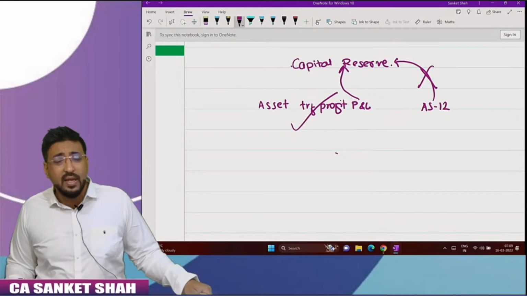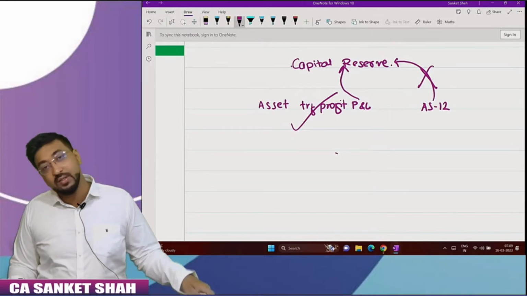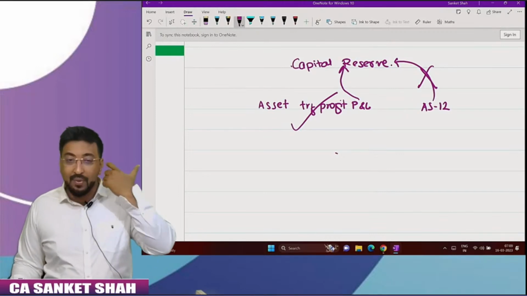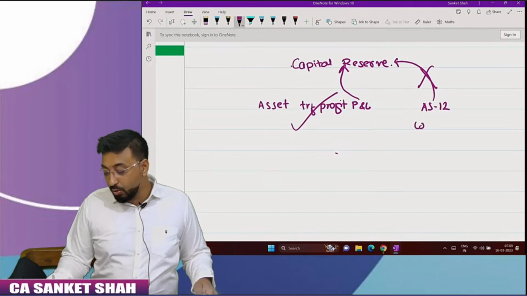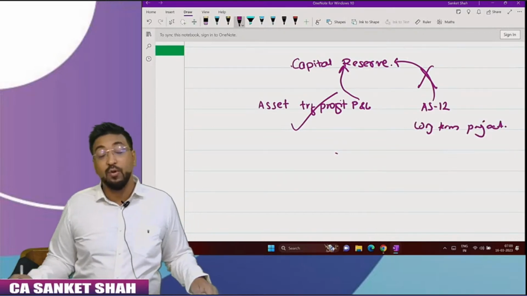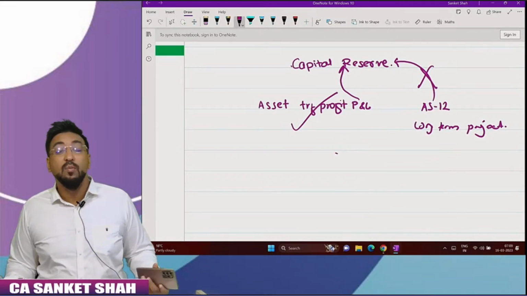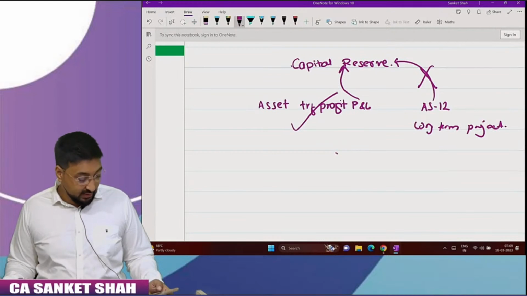Okay, ठीक है, कंपनी ने वो capital reserve में transfer किया होगा तो वो आप लोग bonus shares के लिए use कर सकते हो. पर बेटा capital reserve other purpose के लिए किया रहेगा, like accounting standard 12 होगा या long term projects के लिए आपने capital reserve create किया होगा, so that is not available for distribution of dividend और bonus shares. इतना याद रखिए. So now you are clear with this capital reserve concept. Yes, any other question?